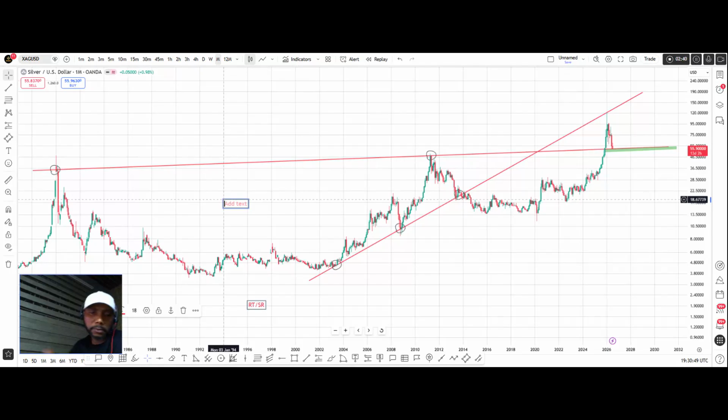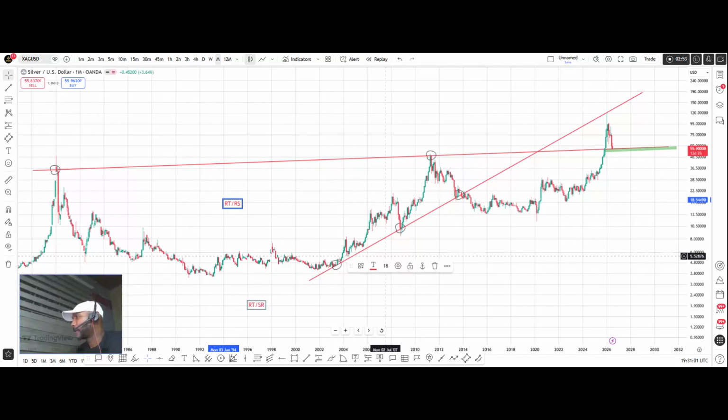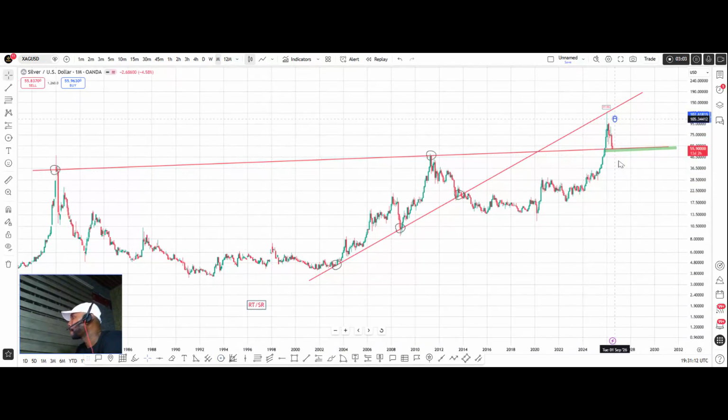And I have another one, RT slash RS. After that break of structure, we have RT RS at the zone, and this is the breakout.